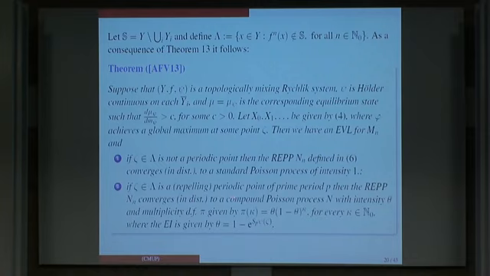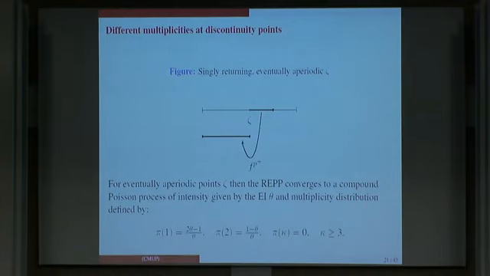If you have a periodic point, then you get as a limit for the rare events point process a compound Poisson process, again with a geometric distribution function. The extremal index is given by this quantity here, which of course has to do with the potential being minus log of the derivative. And if the point is not periodic, then you converge to a Poisson process of intensity 1. So this is just an example.